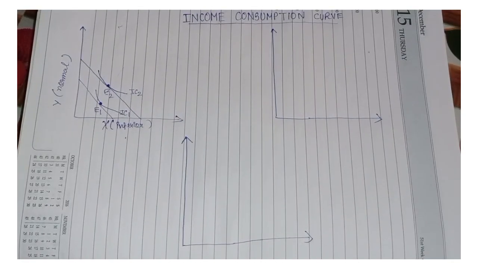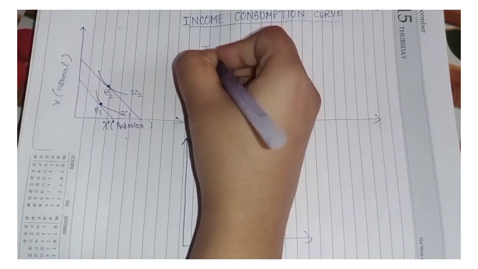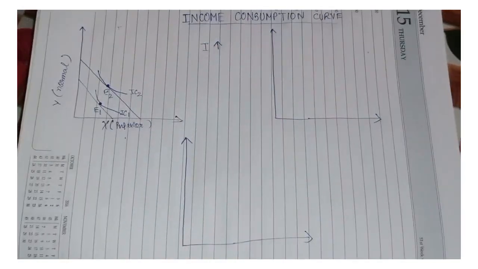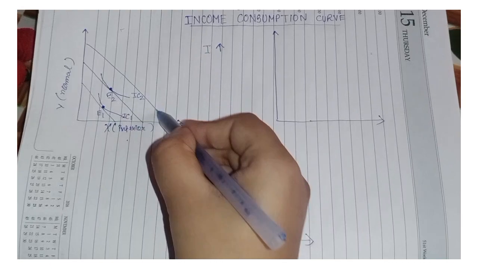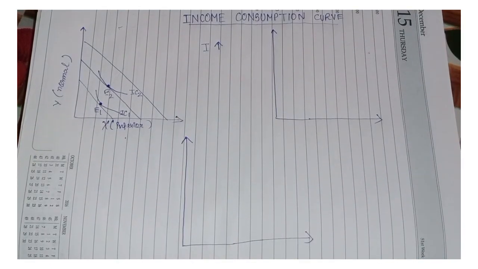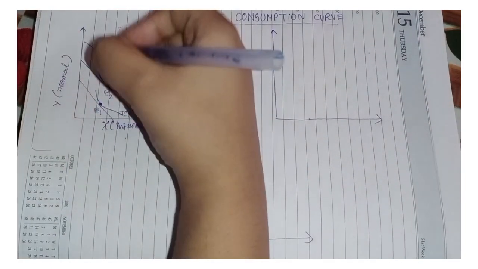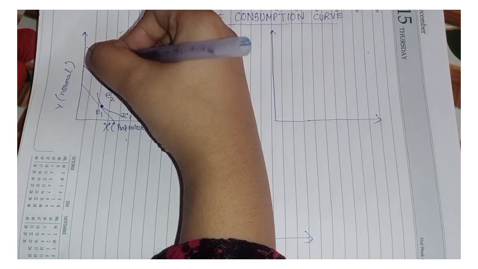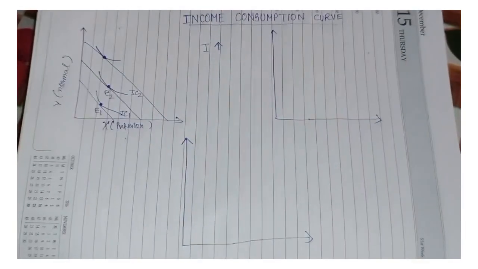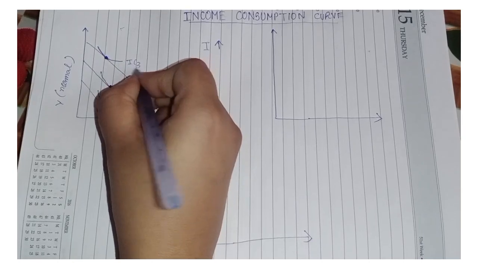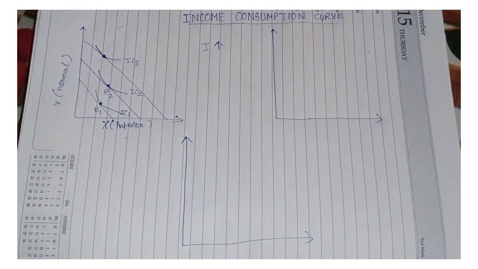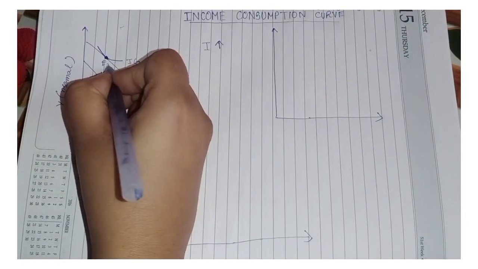Okay. Now, if further my income increases, then what will happen? My budget line will again increase. Okay. Now let's say that this is the IC curve, IC3, and this is my new equilibrium point, E3.